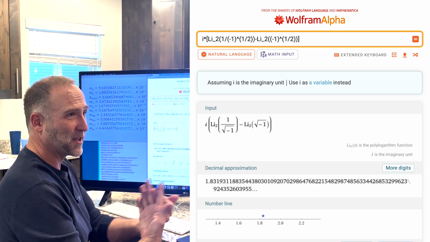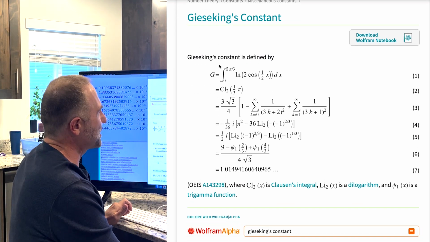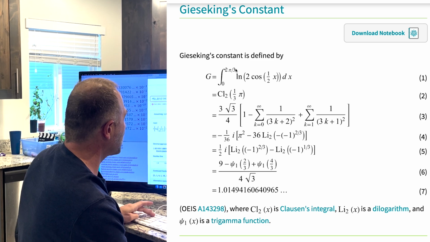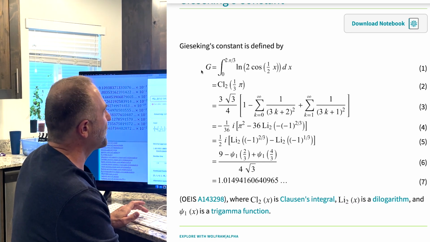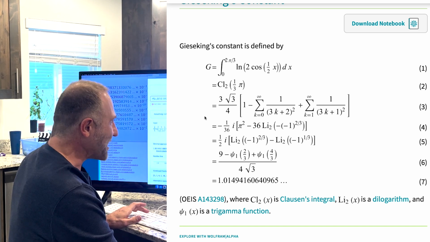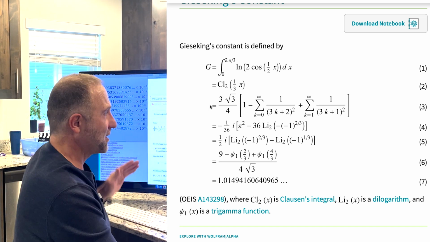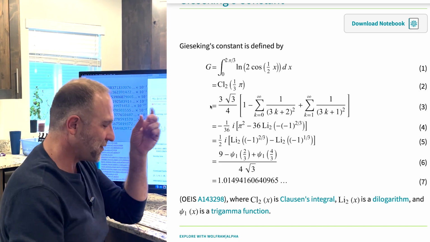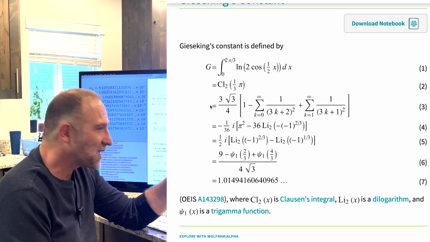So there's 2 components that are really important. The first thing I just want to point out here is we're just looking at different algebraic ways to write the Giesking constant. So these are all true statements, so they all give you insight about ways to think about the structure of the Giesking constant.